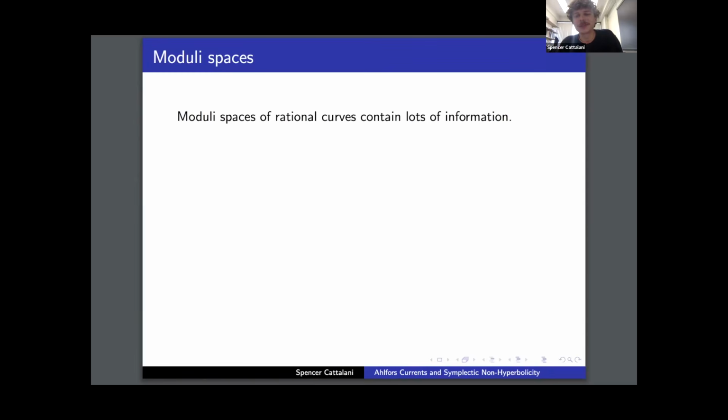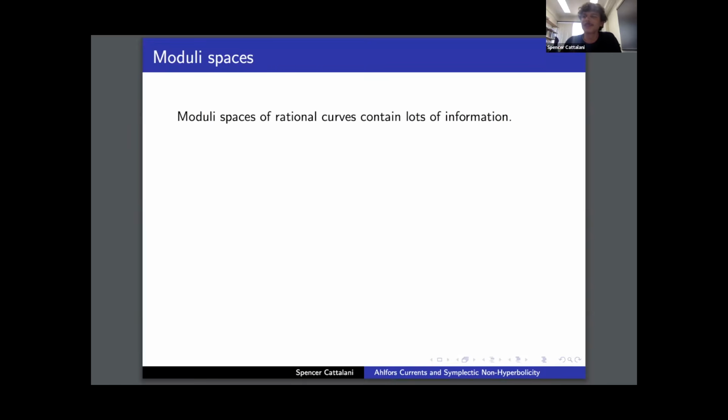It presented a difficulty for me when I was talking about this early on in the work, because I would say, oh, I'm studying Ahlfors currents, and people say, oh, but what about their moduli spaces? The difficulty is that moduli spaces of pseudo-holomorphic curves, because they're solutions to an elliptic PDE, are finite dimensional, kind of like manifolds, whereas Ahlfors currents naturally lie in a linear space. So there's no hope for that kind of thing. It's not even right conceptually.